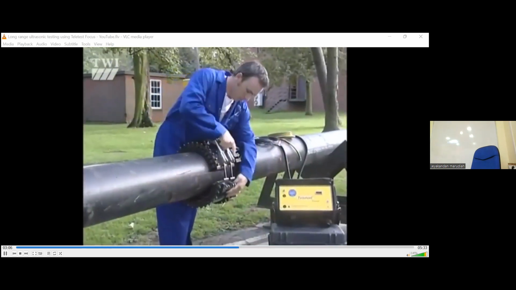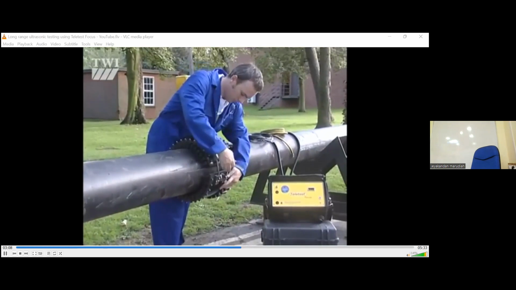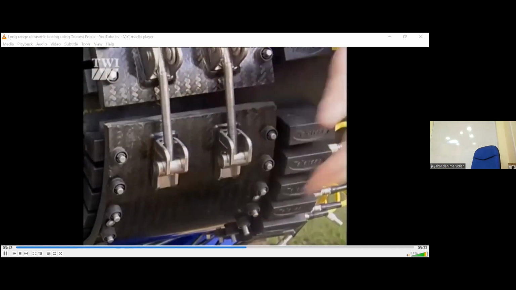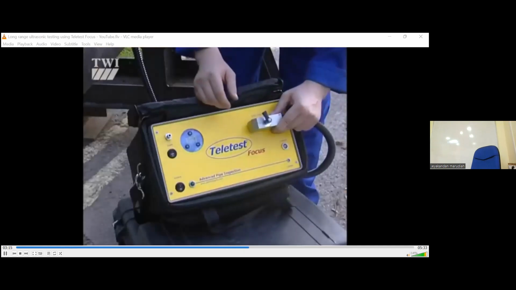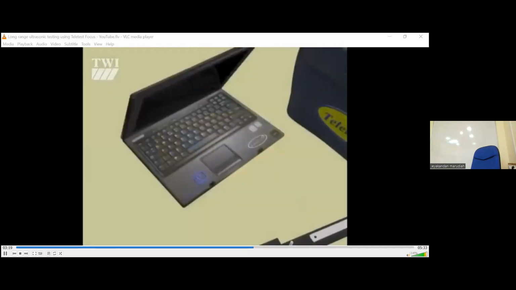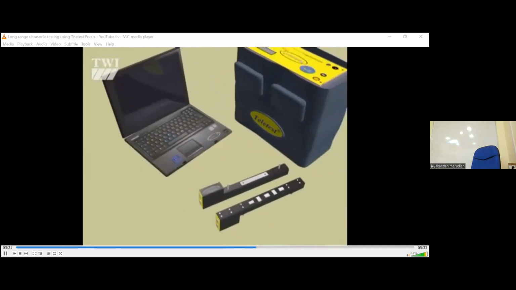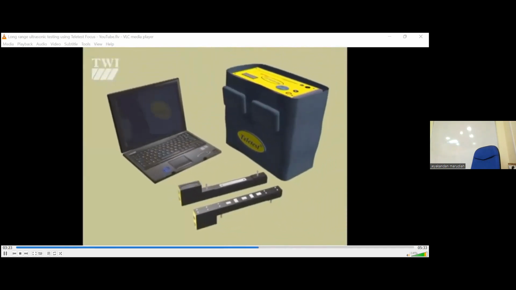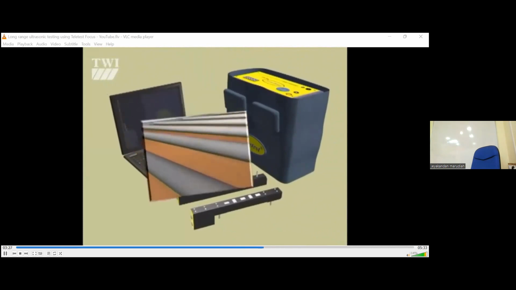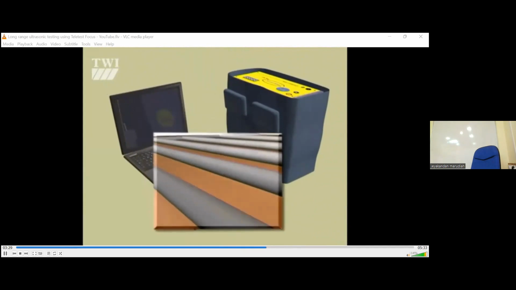So how does long-range ultrasonic technology work? It consists of an inflatable collar, just like this, and a low-frequency flaw detector. Remember, its purpose is specifically to survey pipes and pipelines for corrosion, erosion, mechanical damage, and sometimes cracking through fatigue.